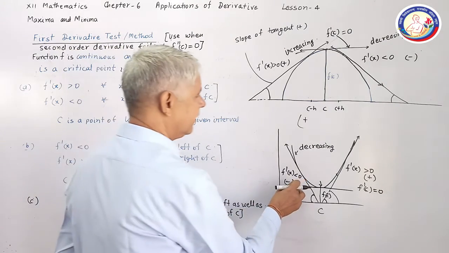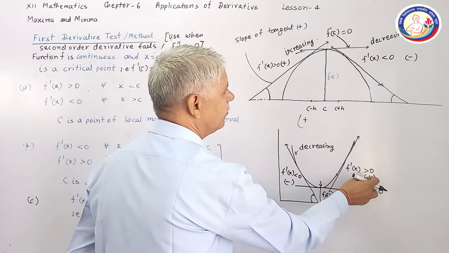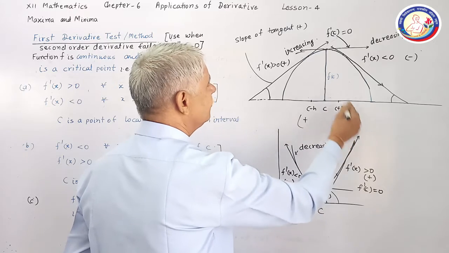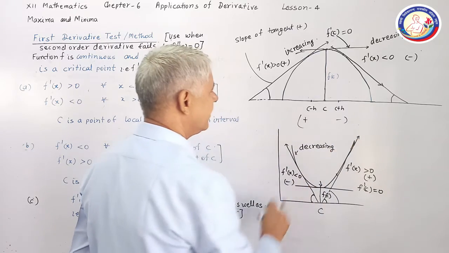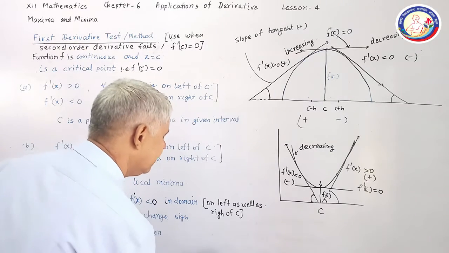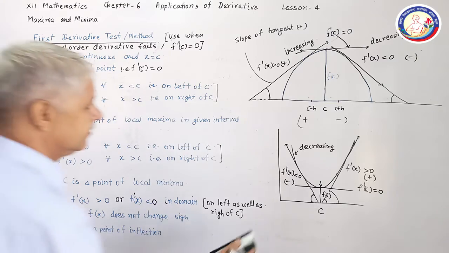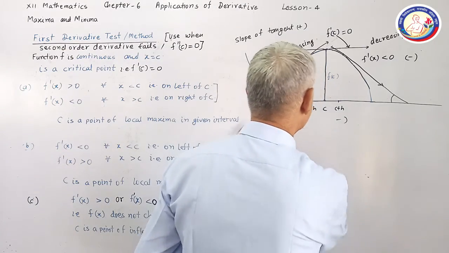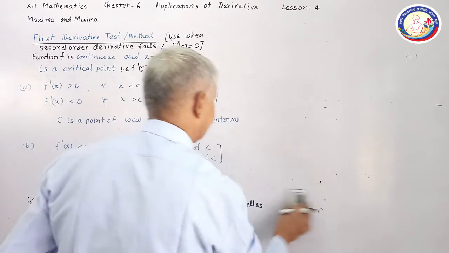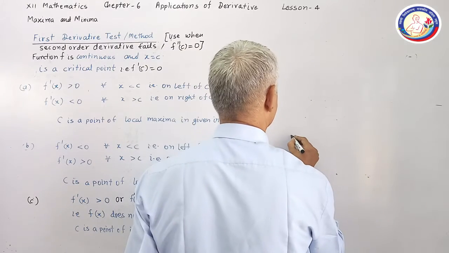Here it is negative and then turns into positive for a point of minima, and for a point of maxima it changes from positive to negative. But if on both sides of c, c being a critical point, the derivative is positive on both sides, say this is the condition.